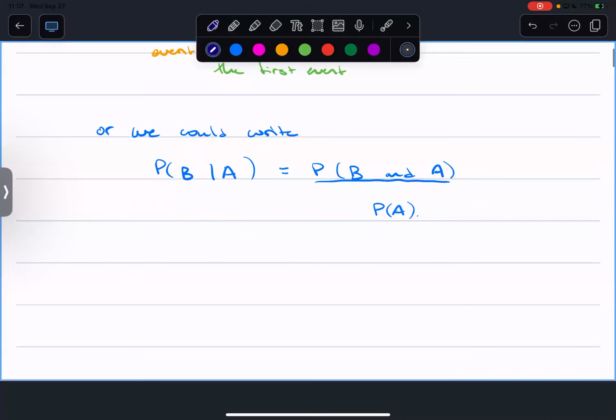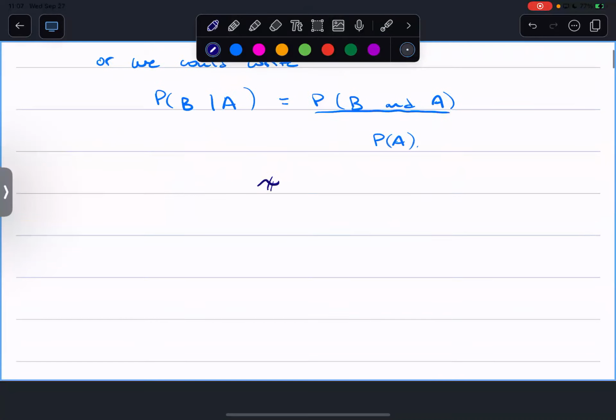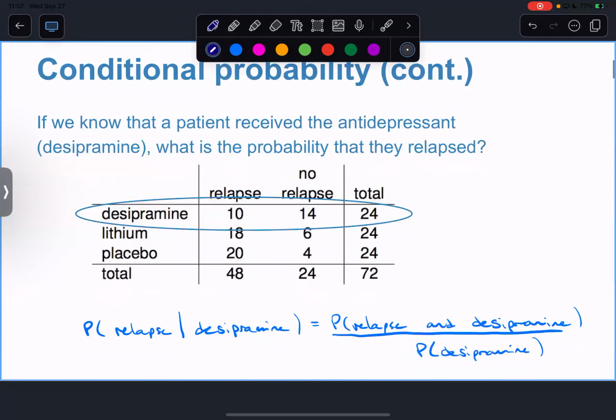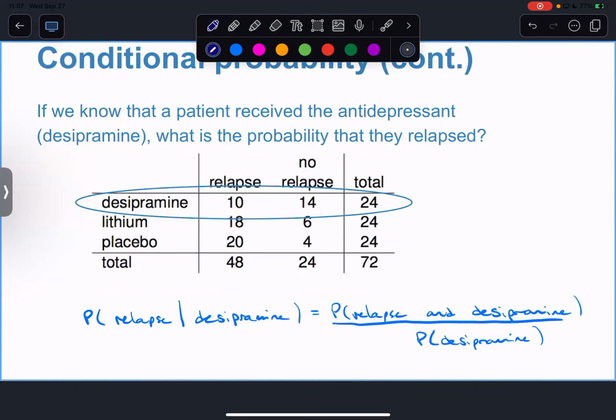And we picked up an example that I've got here. We were talking about the 3 different treatment groups for cocaine addicts, I think. And then we looked at whether they relapse or they don't relapse over some period of time.